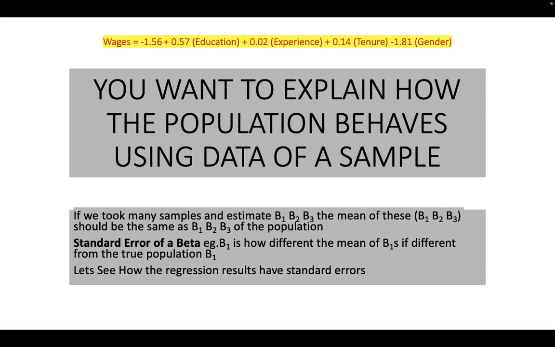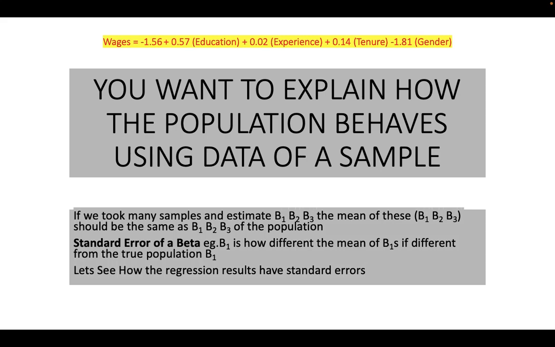In order to do that, if we were to take many samples and then calculate beta 1, beta 2, beta 3, and beta 4, on average, we want the betas that we get to be equal to the betas of the population. And if we can do that, then we say that our estimate is an unbiased estimate.